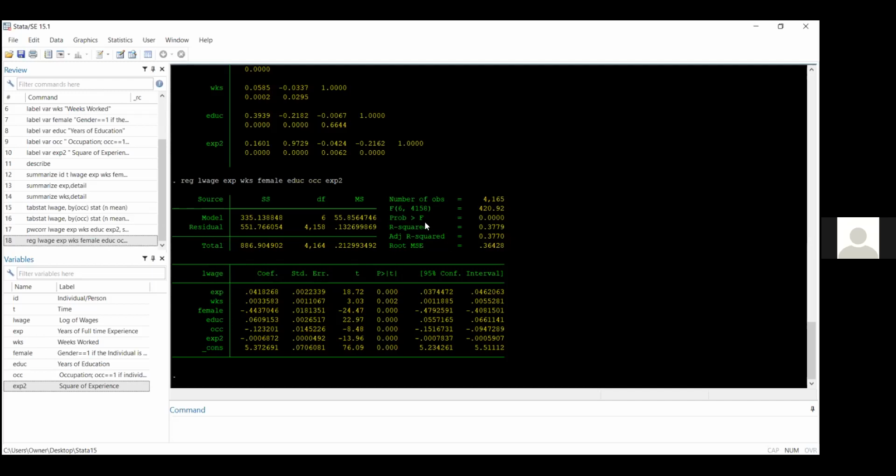The P value, the probability value for F, is the significance of the F value, meaning the smaller it is, or if it is 0.05 for 95%, then you are talking of your model being significant.